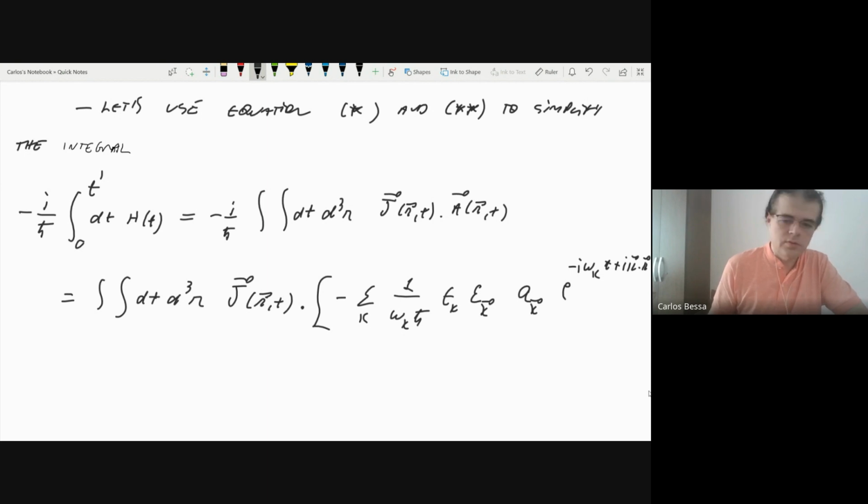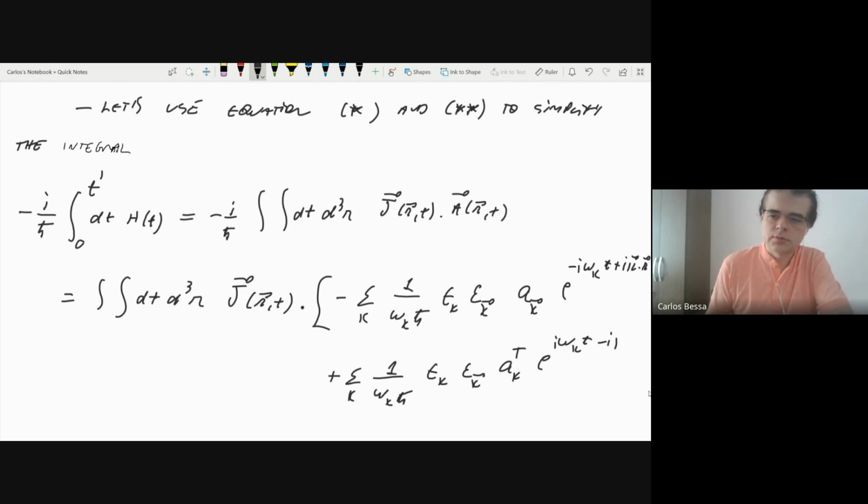And the other term is the sum 1 over omega k h bar e k epsilon k a dagger exponential i omega k t minus i k r. Okay, just use the definition of a here and multiply by this term.